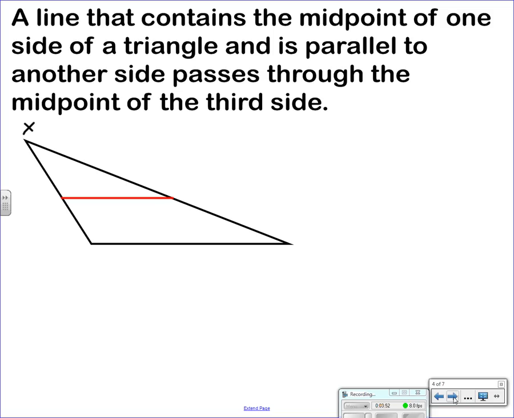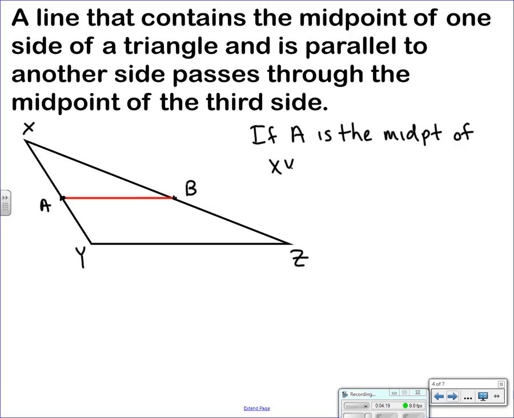The next one. If a line that contains the midpoint of one side of a triangle, so let's name our triangle X, Y, and Z, and A is the midpoint of XY, so that's the first piece, and the line is parallel to the other side, so AB is parallel to YZ, then it passes through the midpoint of the other side.